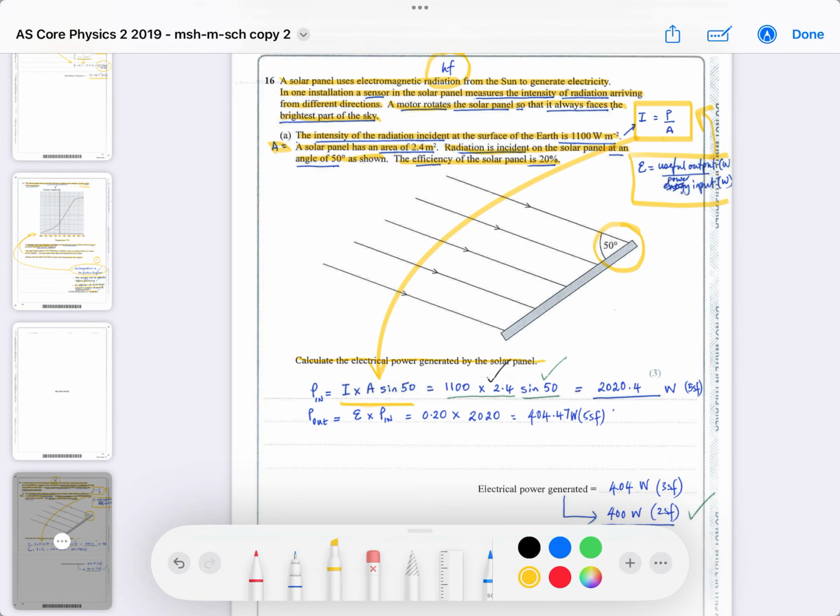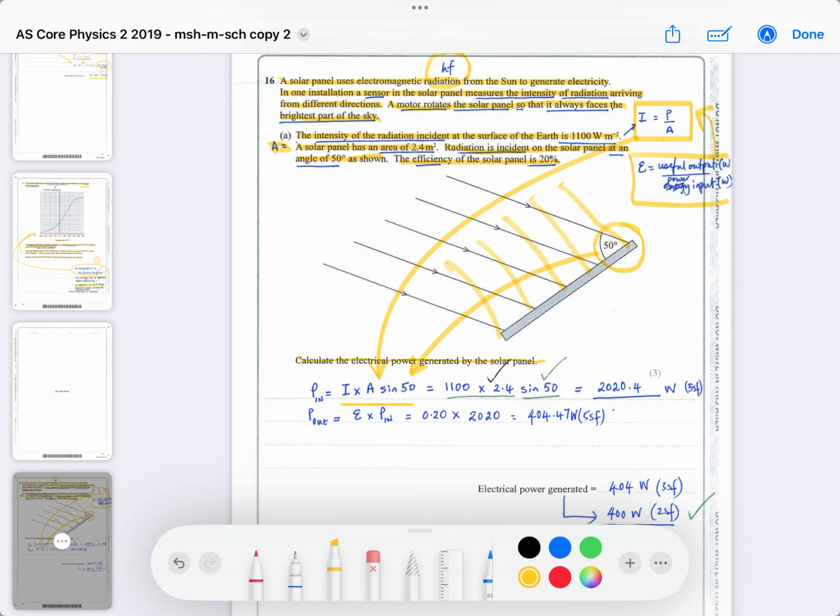take into account that it's at 50 degrees, and therefore to get the perpendicular intensity, so if it was directly overhead, there's a sine 50 involved, because you want it to be perpendicular, so you're going away from the angle. And if you're going away from the angle, so you want the light to come in straight down, so it would be cos 40, so you want it to come in this way.